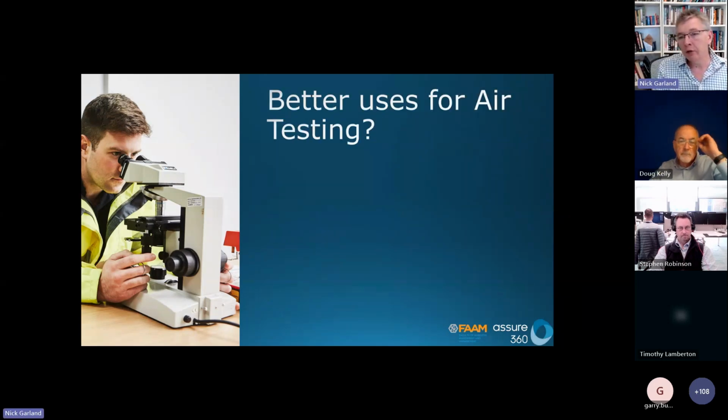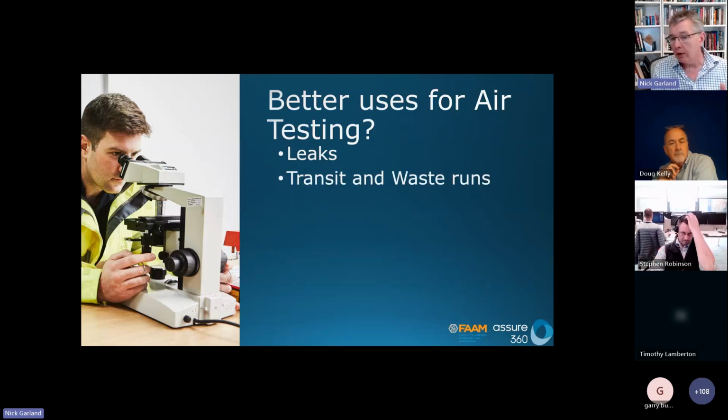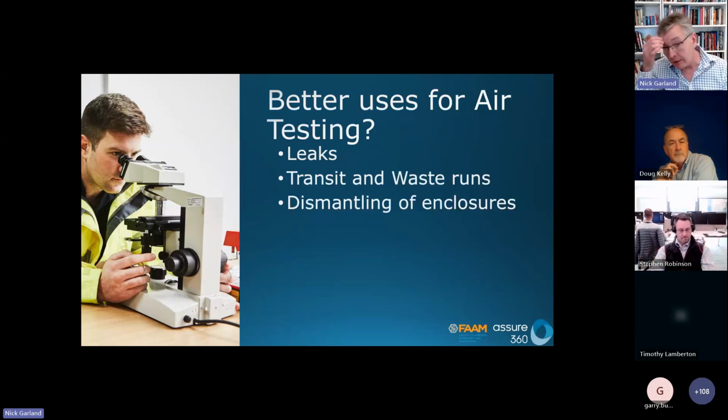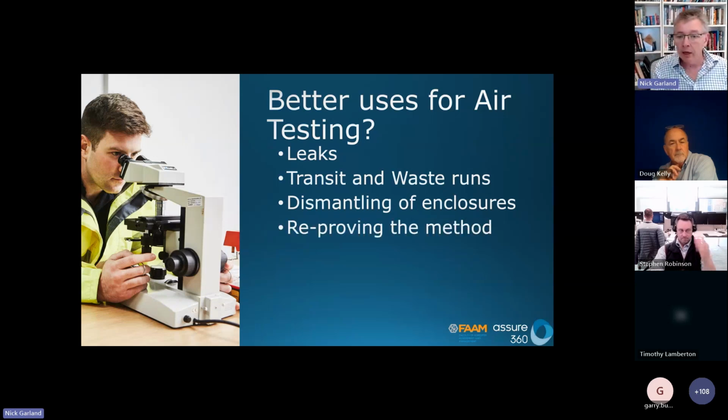So what are better uses for our testing, where we can actually spend our time doing some good? In my opinion, we really need to be focusing on leak testing, transit and waste runs, dismantling of enclosures. Somebody else mentioned building of enclosures as well.